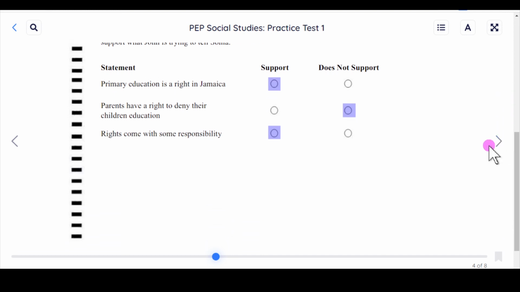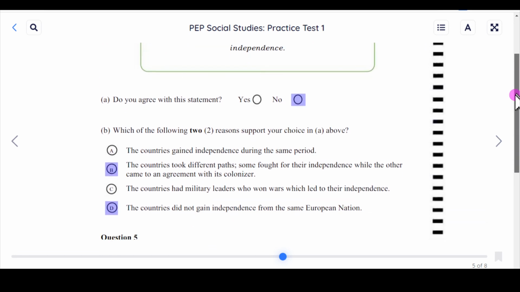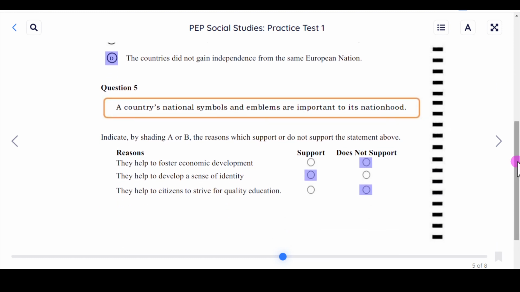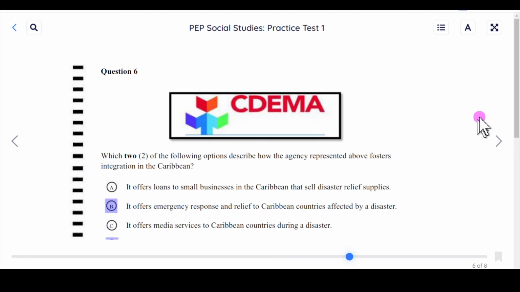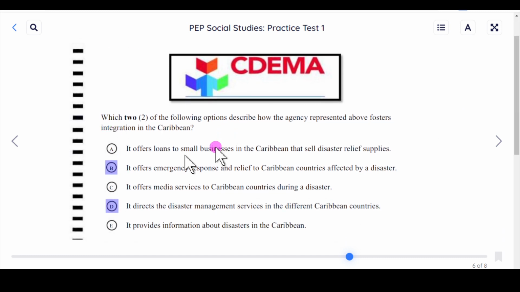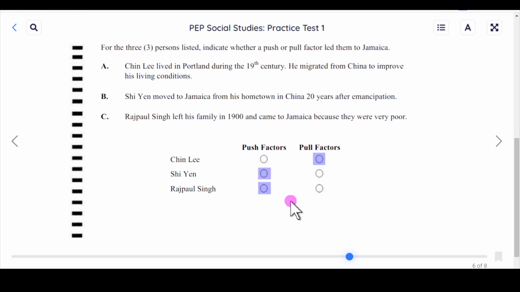I have 3. Question 4, I need 2. I have 2. Question 5, need 3. I have 3. Not giving away any marks here. Question 6, which 2? I have 2. Question 7, 1, 2, 3. Yes, I have those.